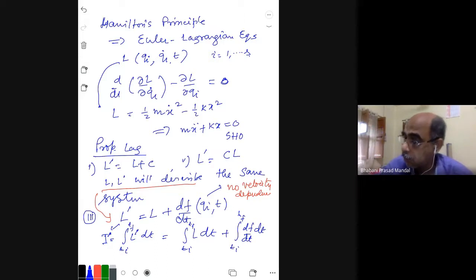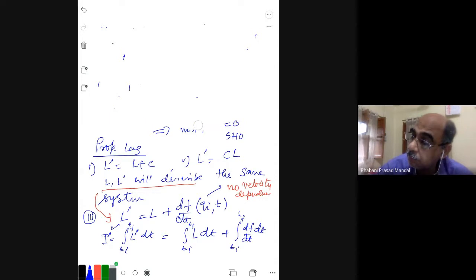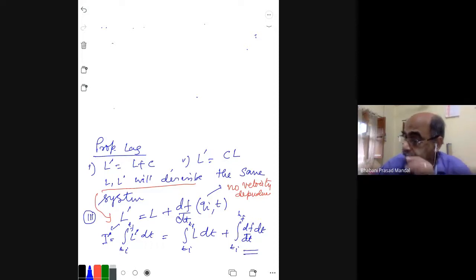Okay. So let me erase the top part. So perform this integration of this part.